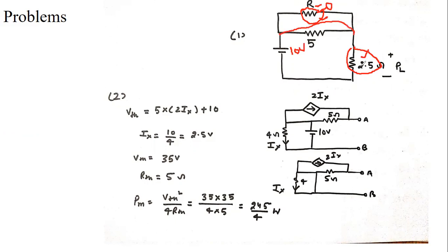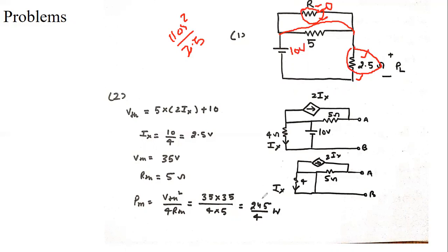So maximum power is transferred across the resistance, and that value becomes equal to V square upon R. V square is 10 square, upon R is 2.5. Okay, because there is no source resistance. So this is the first important problem.